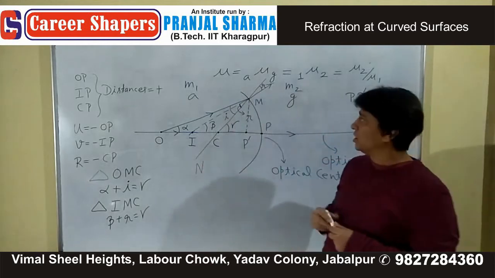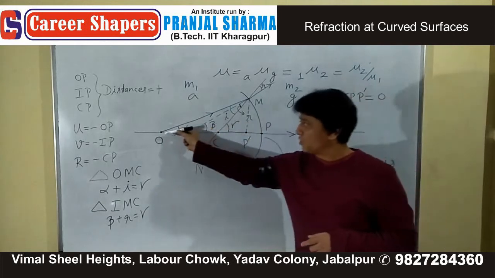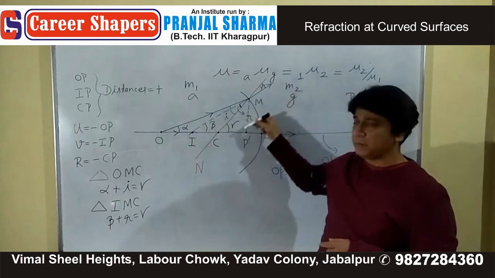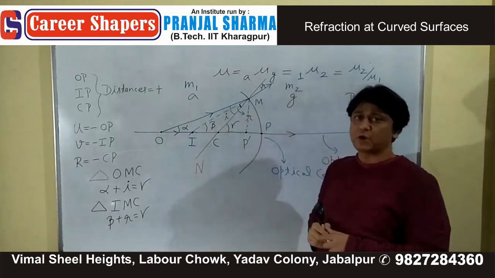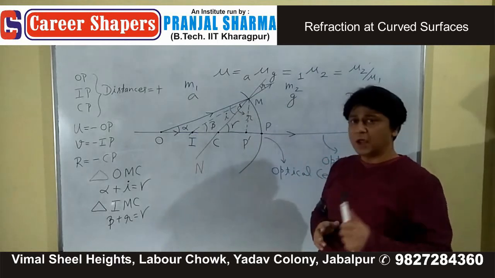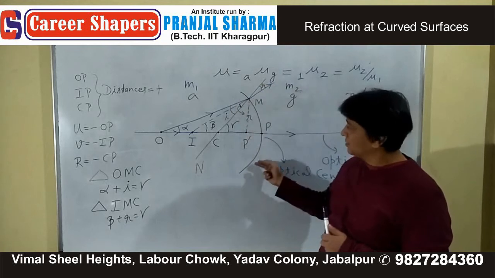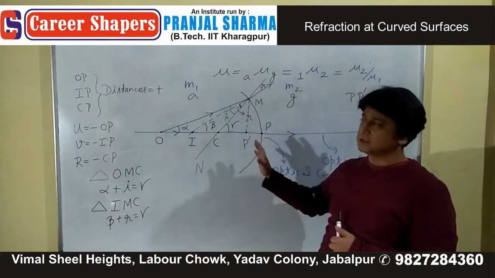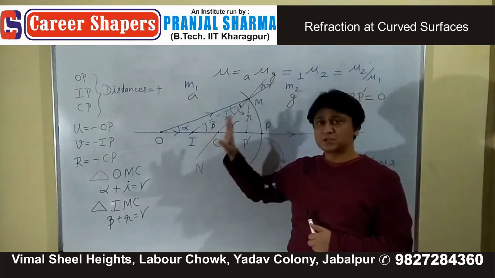If you take a large aperture, different rays coming from O after refraction will meet at different points on this optical axis, therefore creating multiple images. And we are not interested in that. We keep the aperture size very small so that all the rays after refraction meet at a single point.